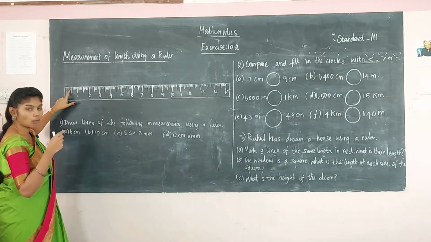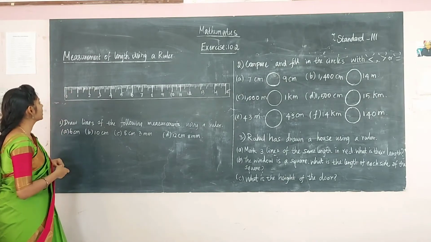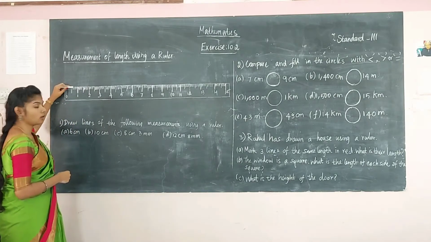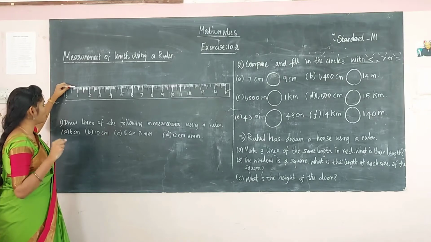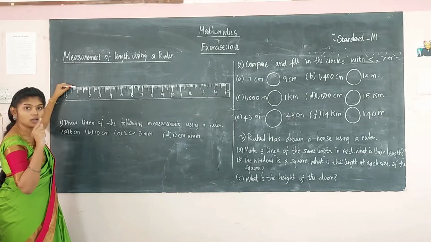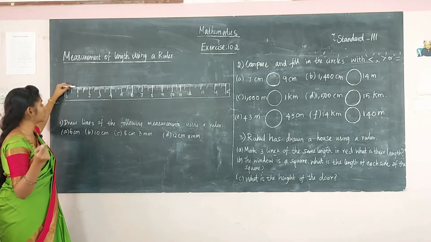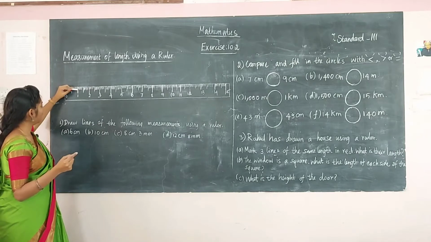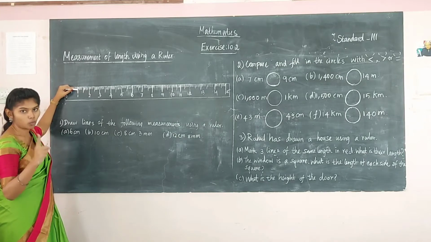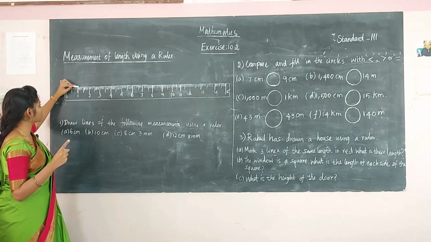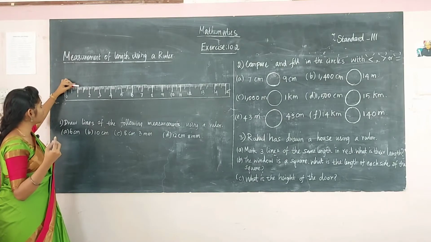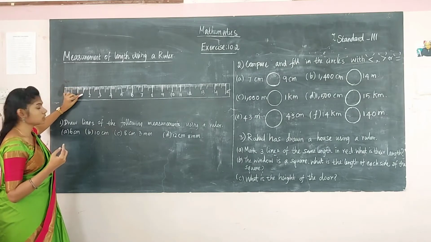Next to 0.2 is 0.3, then 0.4, 0.5, 0.6, 0.7, 0.8, 0.9, and the next one is 0.10, which is said as 1. So here 1, and next is 1.1, 1.2, 1.3, 1.4, 1.5.